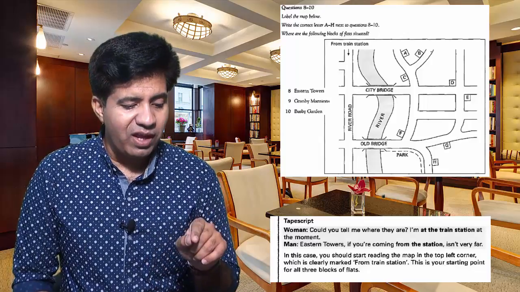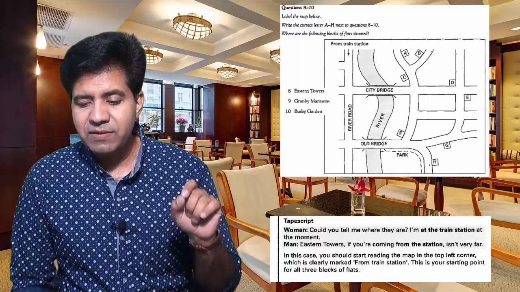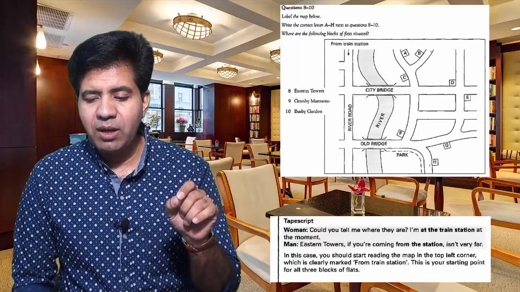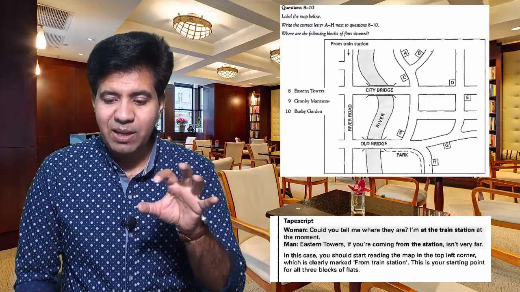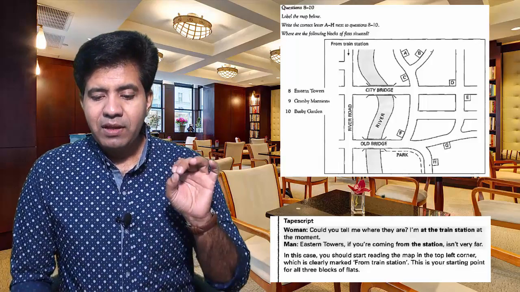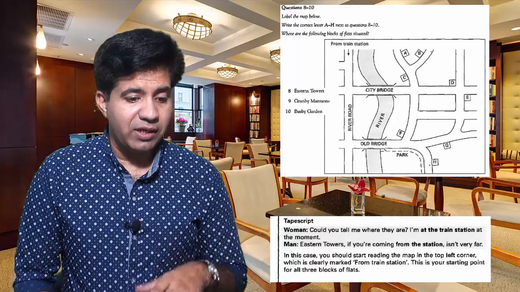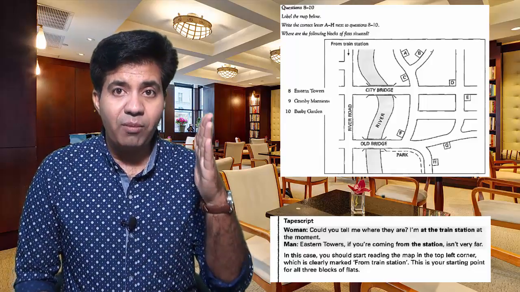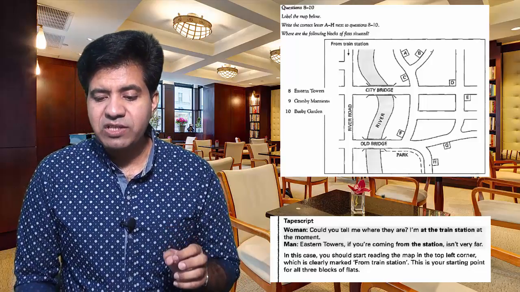Now, question number 8 is about Eastern Towers. So the man says, Eastern Towers is not far if you're coming from the train station. It isn't far, right? So it means it is somewhere near. In this case, you should start reading the map in the top left corner from the train station, which is clearly marked.